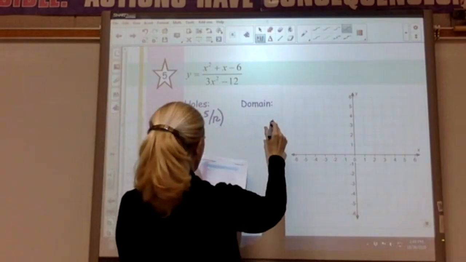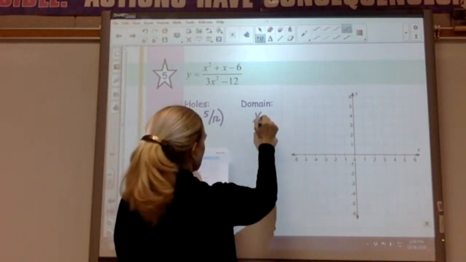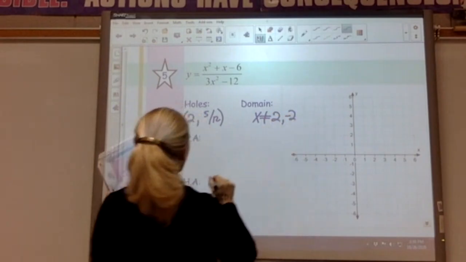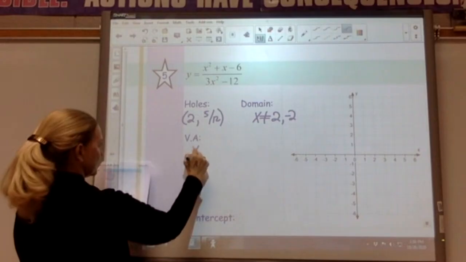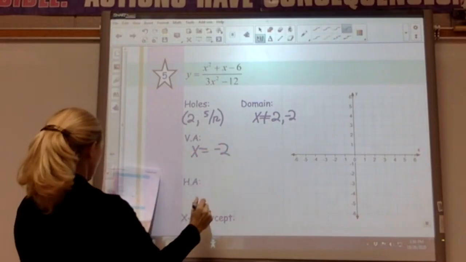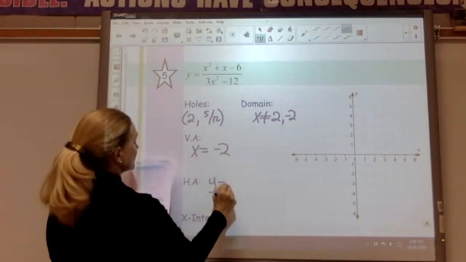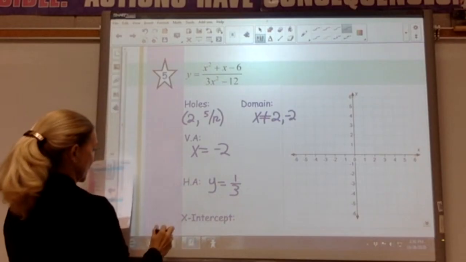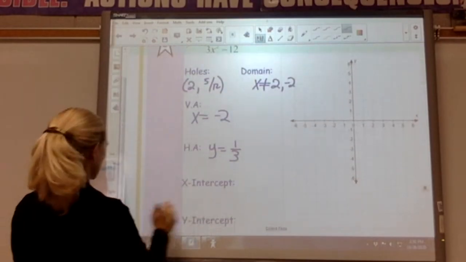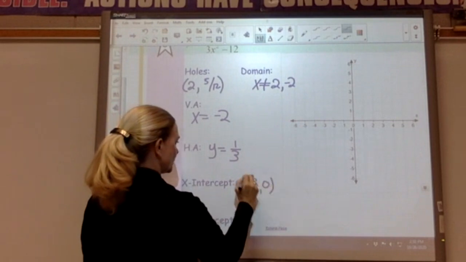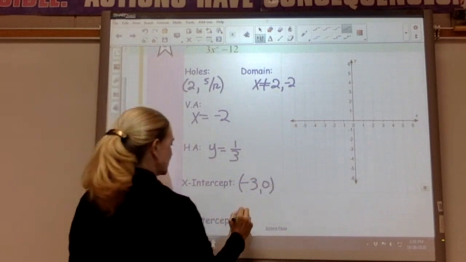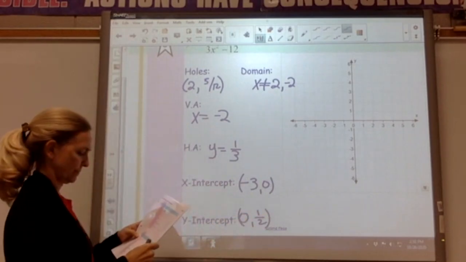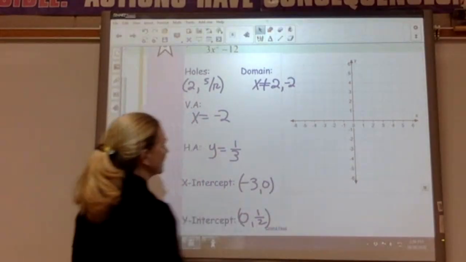Domain x cannot equal... The horizontal asymptote is y equals 1/3. And then the x-intercept is -3, 0. Y-intercept is 0, 1.5. So that's all the information.